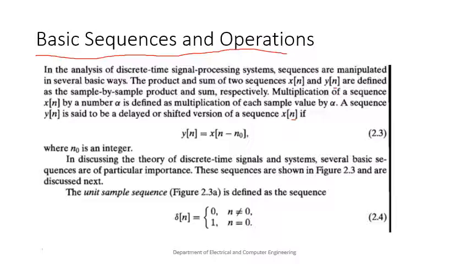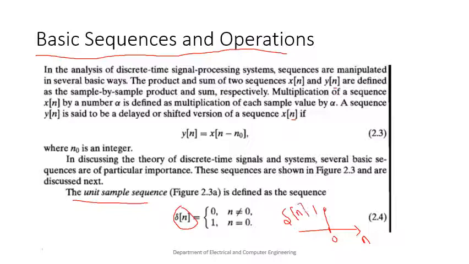So here the unit impulse or unit sample sequence is defined as, we also call this the delta function or unit sample. The unit sample is just this thing which is 1 at 0. This is the n axis and this is the delta function, delta of n.